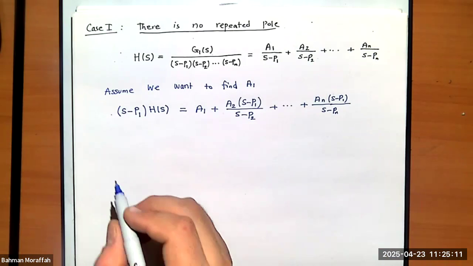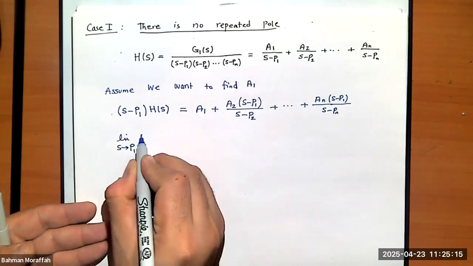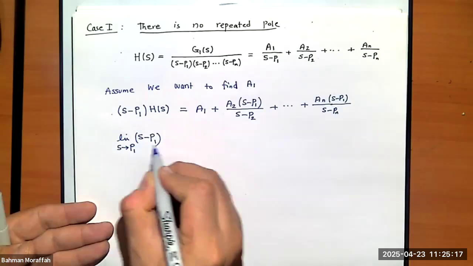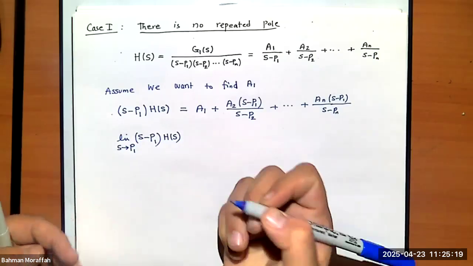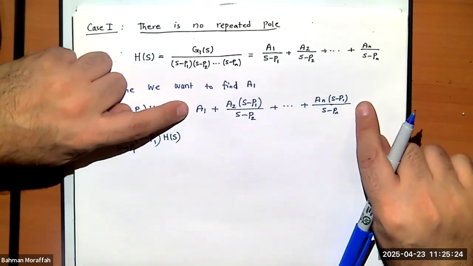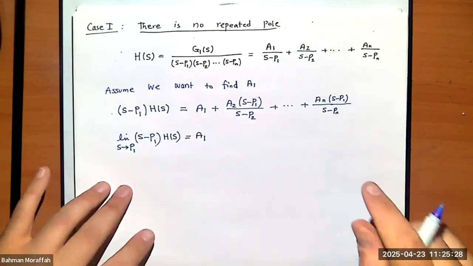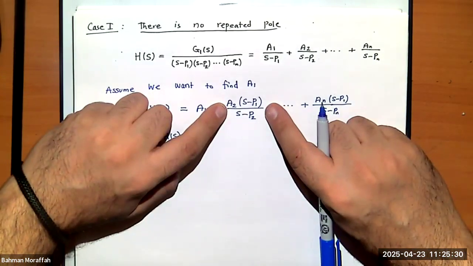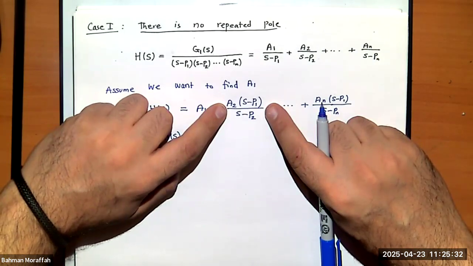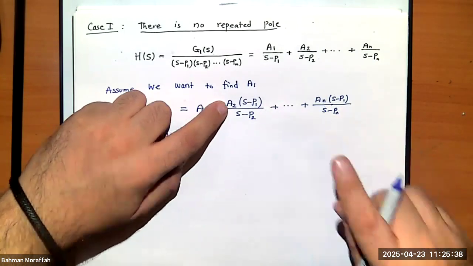Now if I look at the limit when S goes to P1, S minus P1 times H of S, here I have a constant, so I have A1. The limit of A2 times S minus P1 divided by S minus P2, as S goes to P1, is 0. Why is it 0?